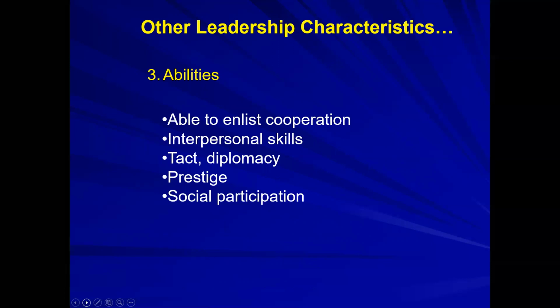So a leader must be able to constantly contact, join social gatherings and grab the opportunity to talk to the people working in that unit.